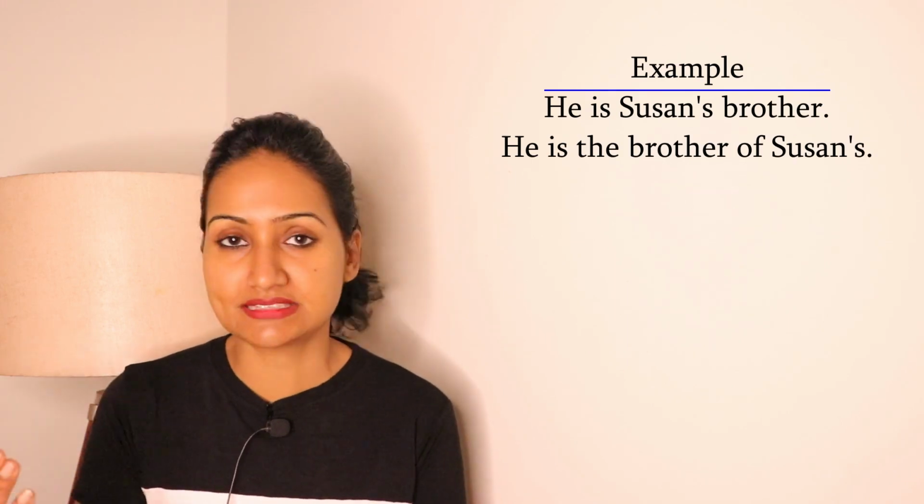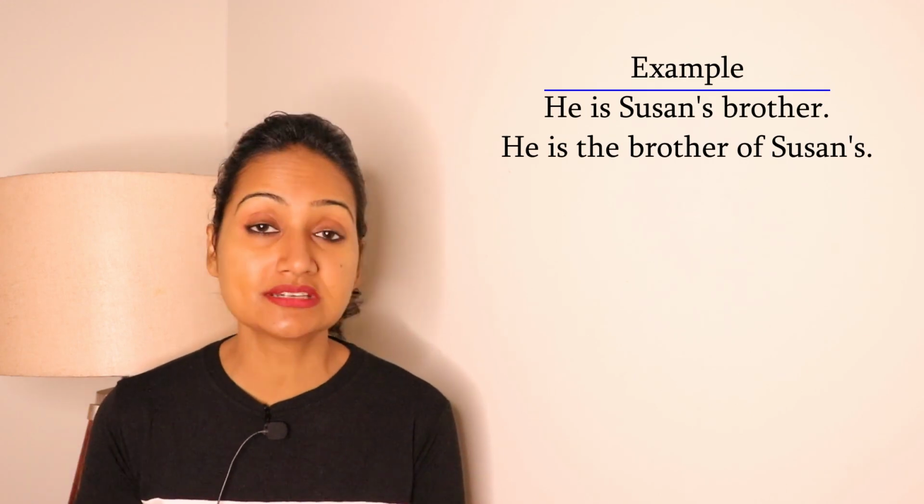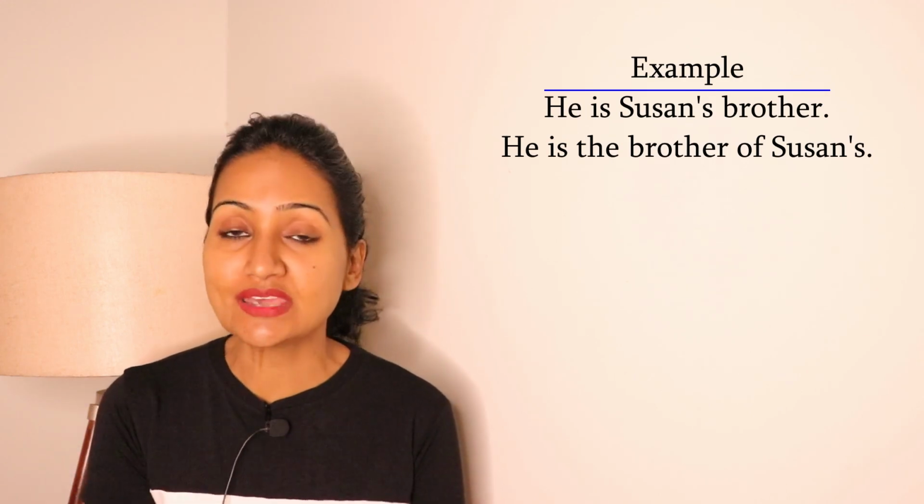So in both the cases, whether it's a possessive pronoun or a possessive adjective, you will always use the name with an apostrophe S. Now the question is, if we always use an apostrophe S with the name, how are you going to differentiate between both, whether it's a possessive pronoun or a possessive adjective?